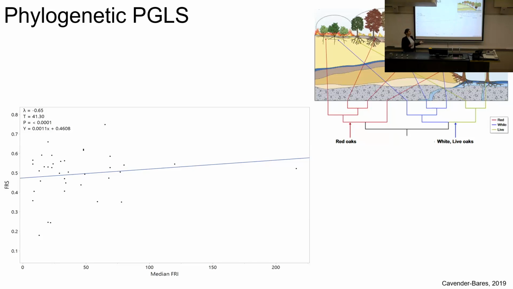Some are inhabiting more fire-prone environments, versus some in more mesic conditions, even though they're closely related. To highlight this species all the way up here, it doesn't have a very high fire return interval, but the score it has is quite high in terms of fire resistance.